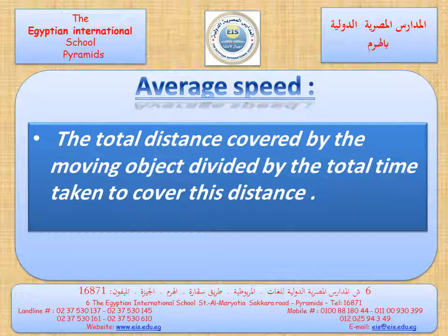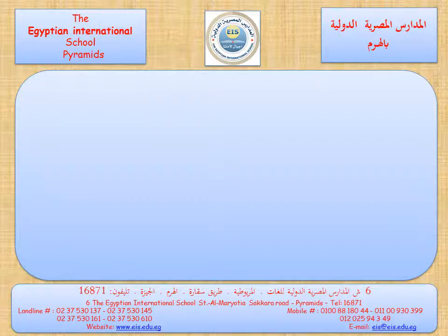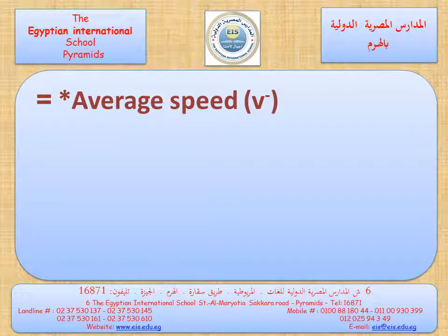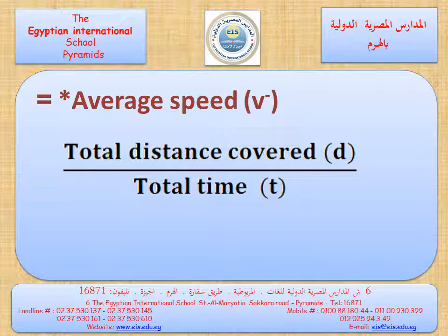So, if you want to know the law of average speed, who can tell me from the definition how we can know the law of average speed? Yes, excellent. If we want to calculate the average speed, we make the total distance covered by the moving object divided by the total time.